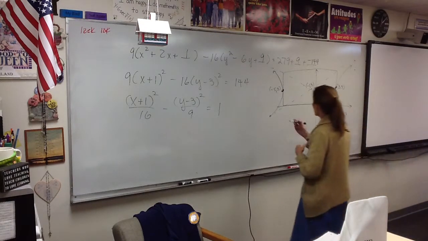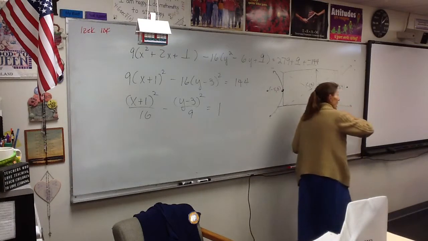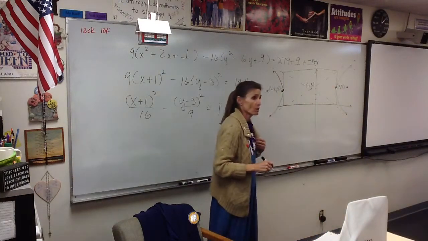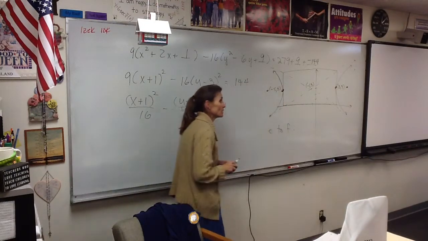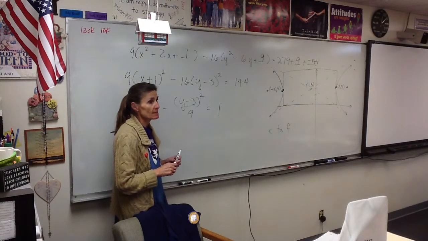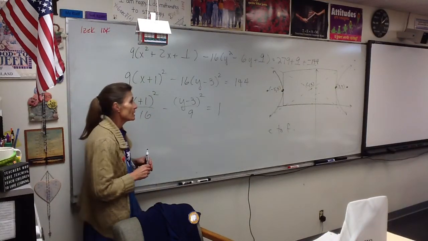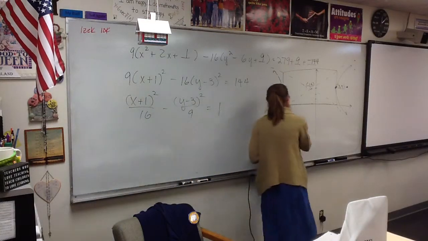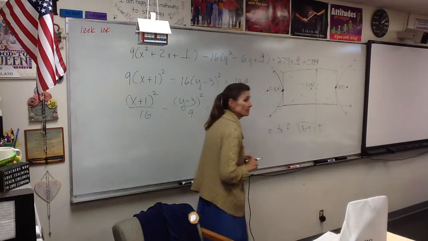Now, my foci are back here someplace, and I would know where they were if I knew how far it was from the center to the focus. How far is it from the center to the focus in this hyperbola? 5. It is the square root of 16 plus 9, which is 5.